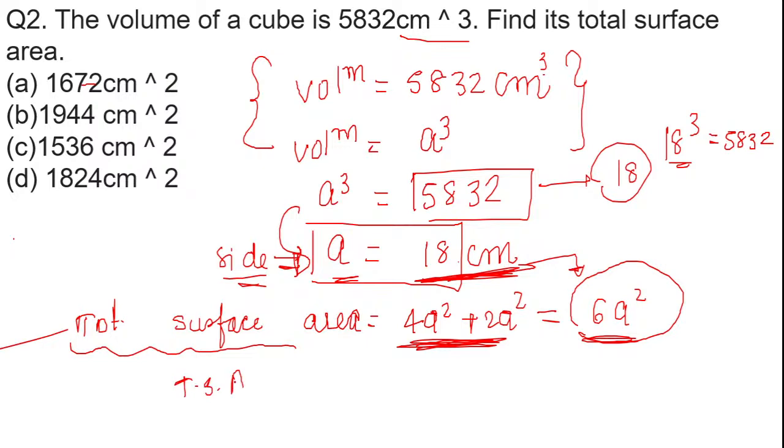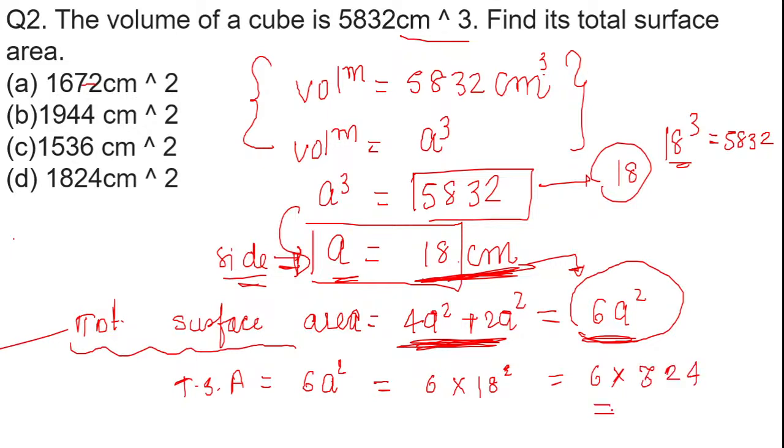So total surface area is equal to 6a square. This can be written as 6 into 18 square. 18 square is 324.